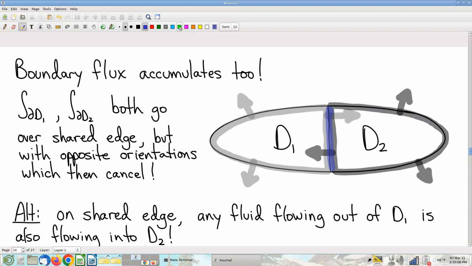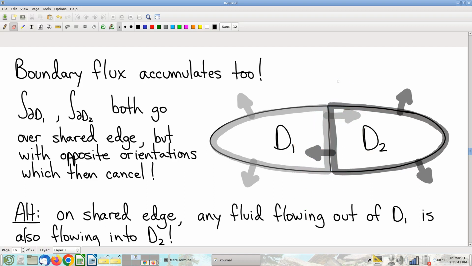But as part of the boundary of this piece, outward is to the right. Thought of as part of the boundary of this piece, outward is that way. And when you add them, just like in the case of circulation, they cancel, because same curve, exact opposite orientations, minus sign, and therefore they cancel.